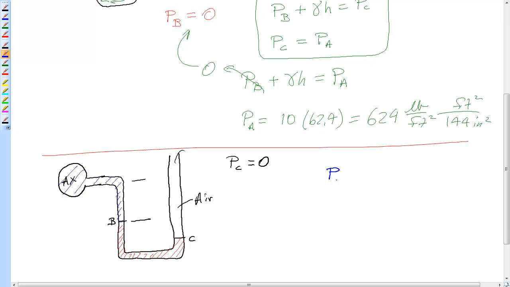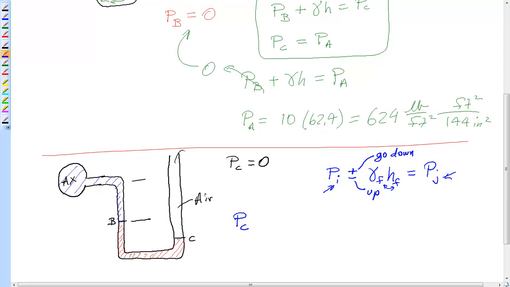Pressure I, wherever you're starting from, plus gamma through whatever fluid, the height of whatever fluid is equal to pressure of J. This is plus or minus, plus if you go down, minus if you go up. And these two subscripts need to be the same, and this would be one interface and this would be another interface. So let's start at pressure C.